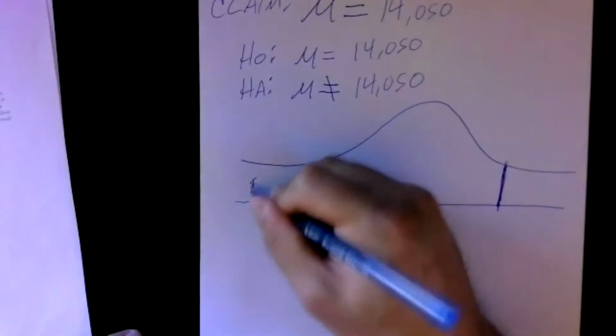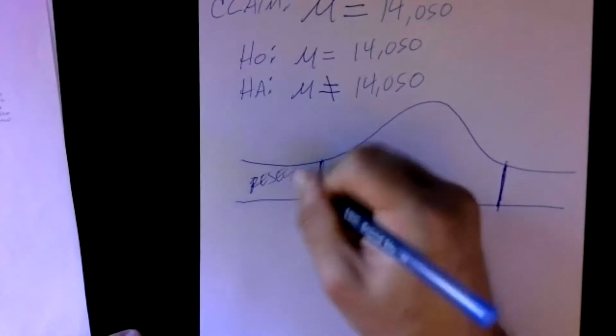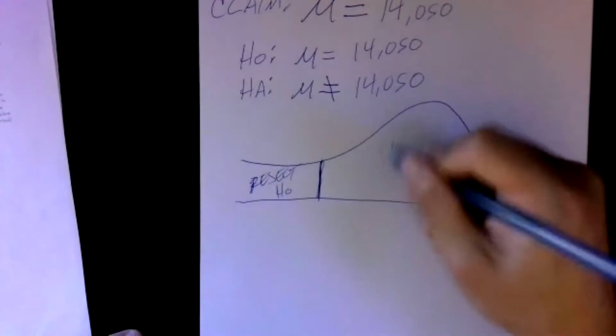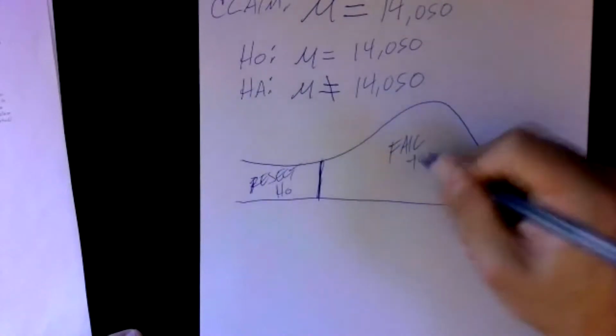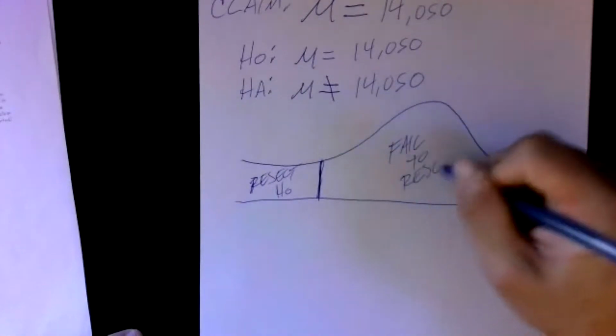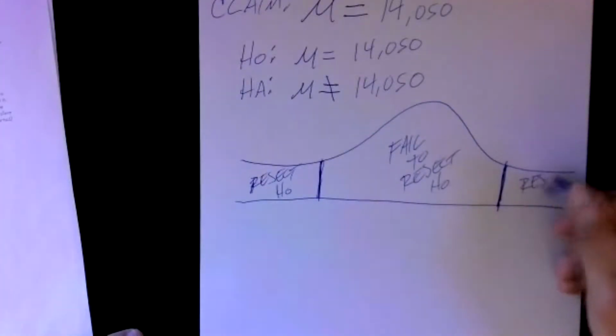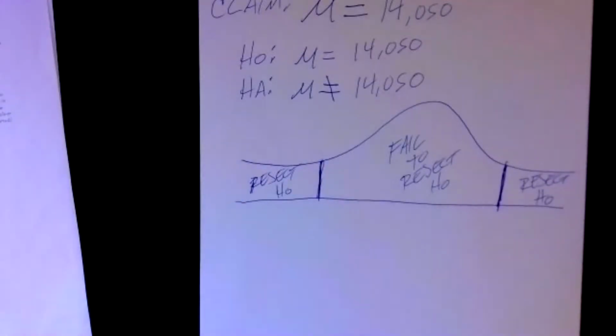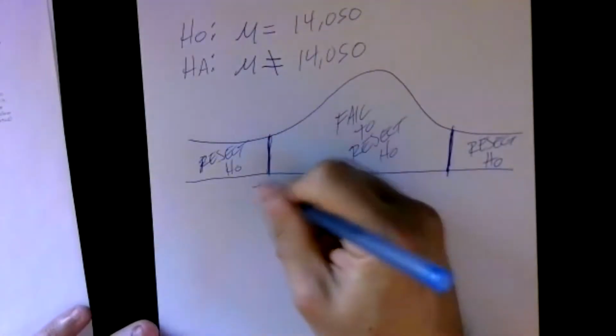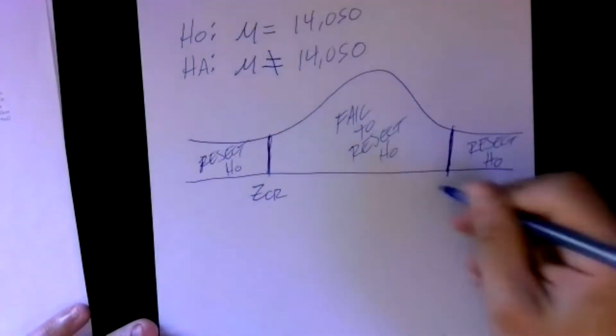So reject over here, fail to reject in the center, reject on the right. Now we need to know what the borders or boundaries of these regions are. That's going to be the z critical value.